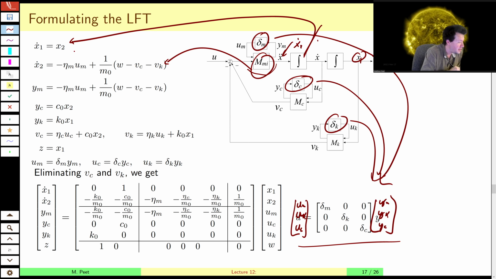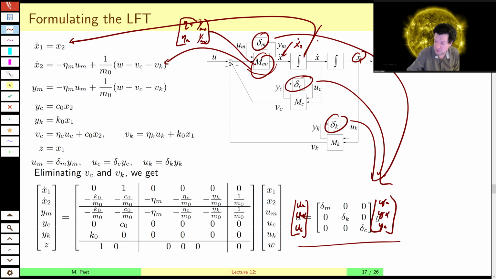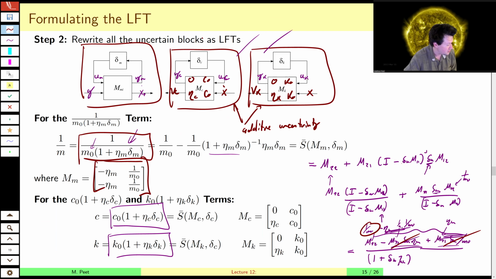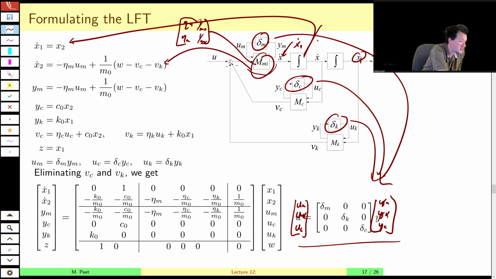Right. And x2 double dot, that's this equation, is equal to, remember, a to m, 1 over m naught, 1 over m naught, I believe, from the previous equation. Yep. And negative signs, of course.